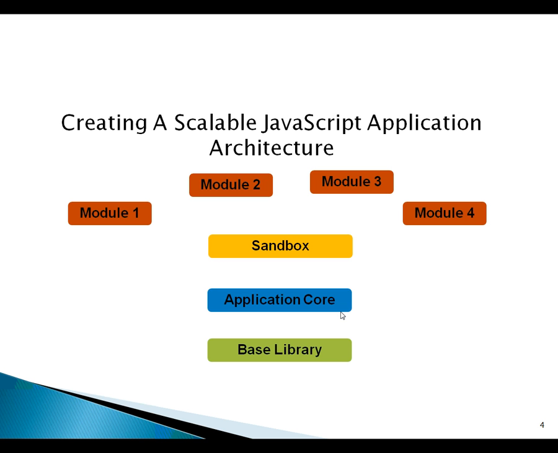So this is a small snapshot of the architecture that I'm about to discuss. Here the base library stands for a library like jQuery, Prototype, MooTools, or Dojo. You create an application core over it, to provide an API which covers the base library.